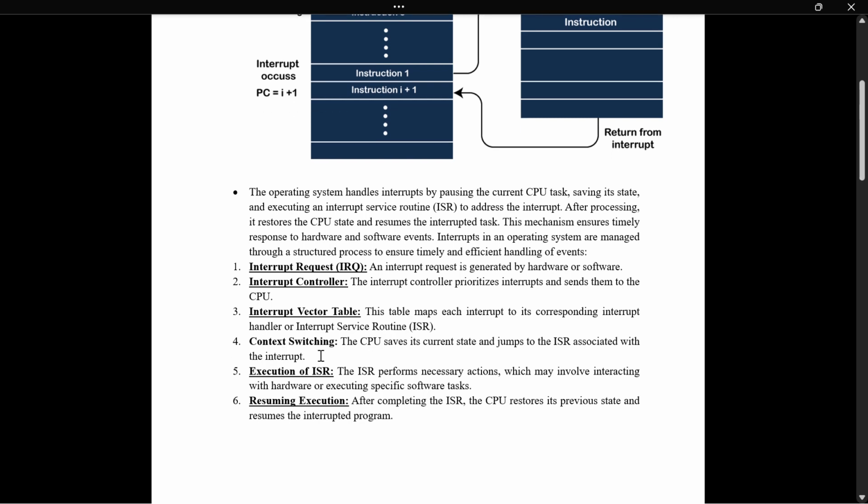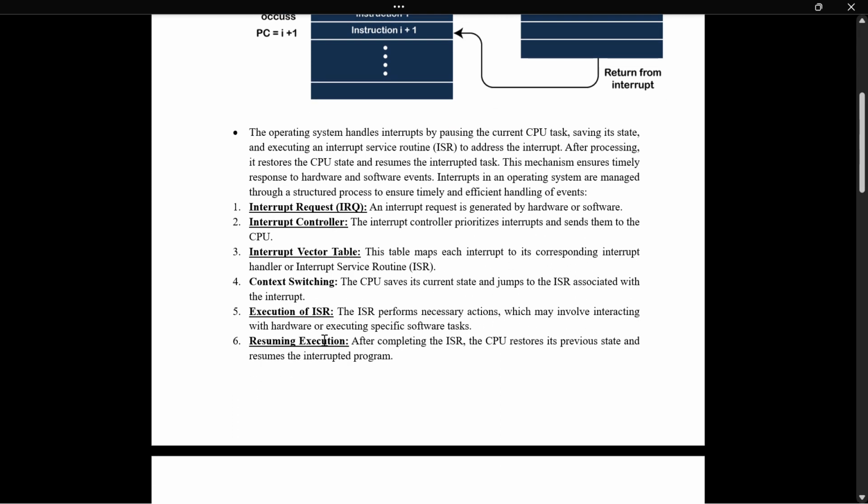Context switching: the CPU saves its current state and jumps to the ISR associated with the interrupt. When an interrupt arrives, the CPU stops its running state and goes to the interrupt handler. Execution of ISR: the ISR performs necessary actions, which may involve interacting with the hardware or executing specific software tasks.